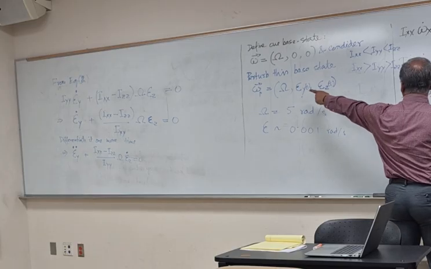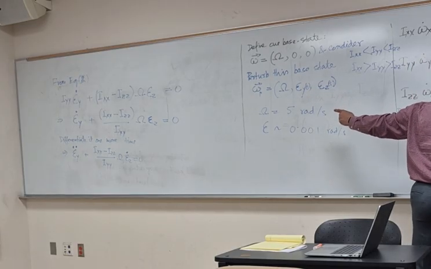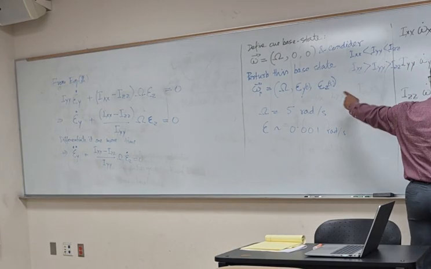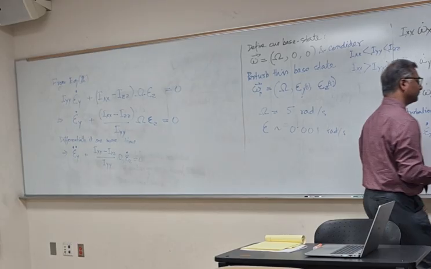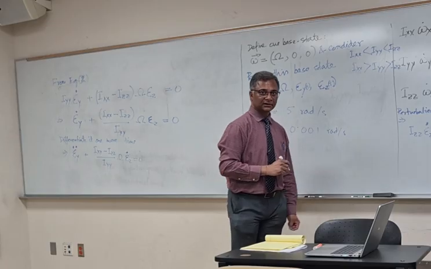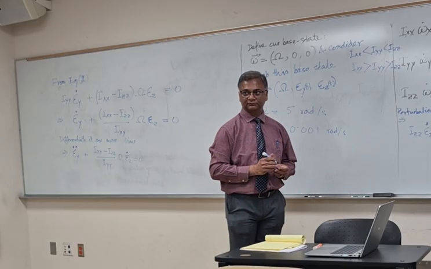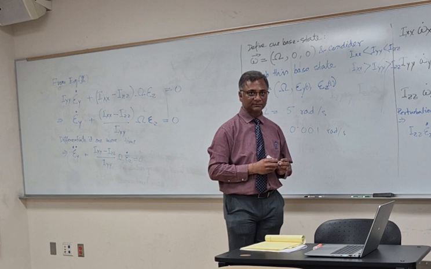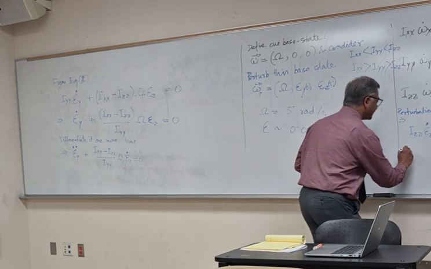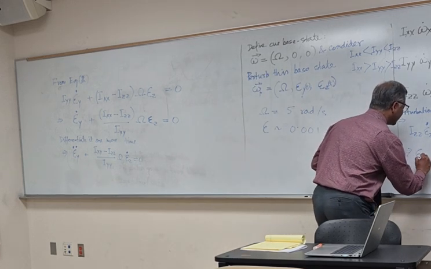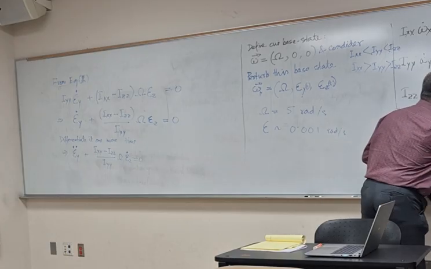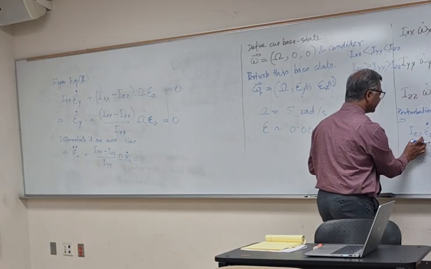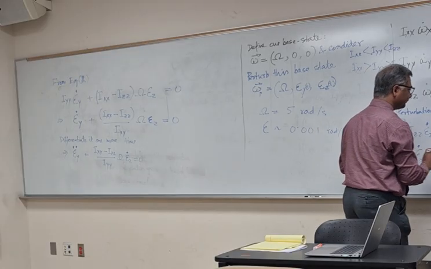Omega x is that constant capital Omega, and omega y is epsilon y, that is equal to 0. Any doubt? Agreed? Okay, so that means epsilon z dot, I will bring this whole thing to the right hand side and divide it by Izz.